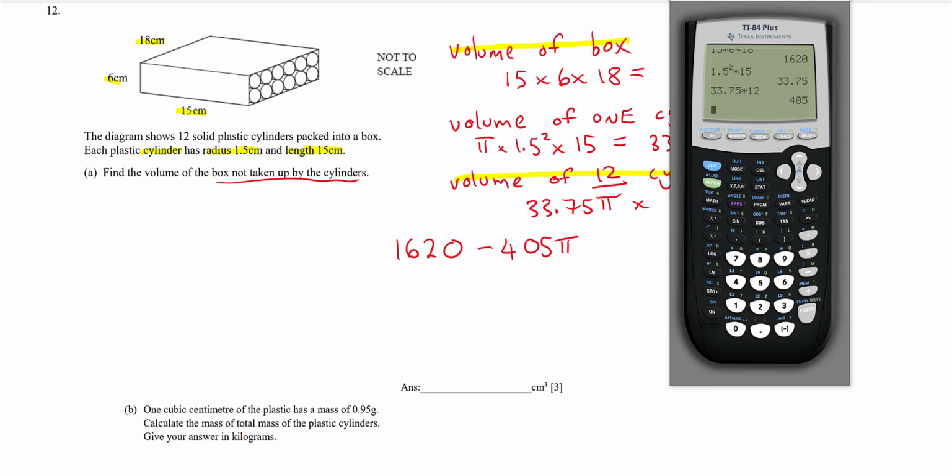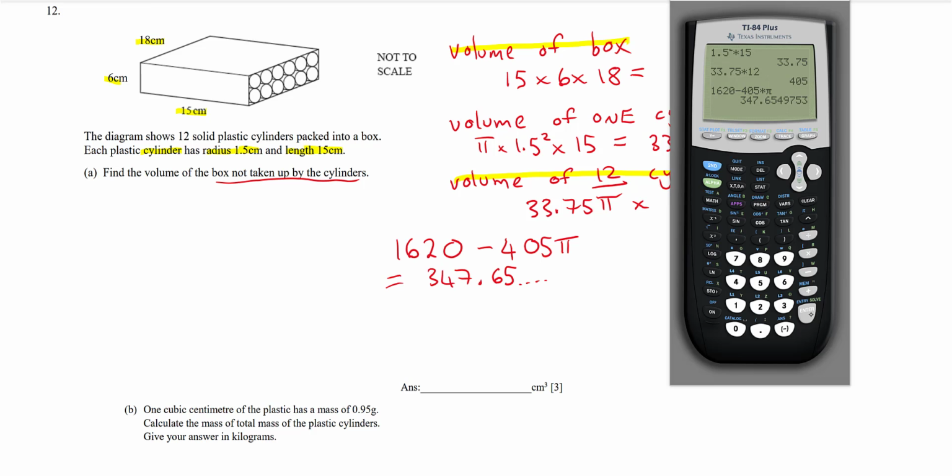Now I'll put all that onto the calculator. So we get 1620 minus 405 times pi, and that is equal to 347.65, and it goes on.